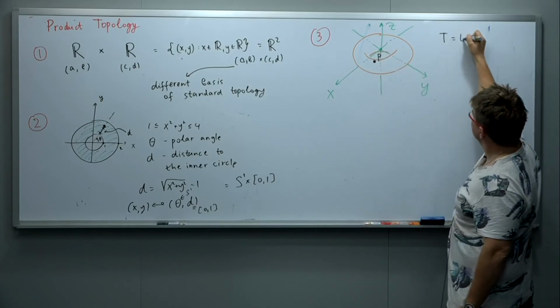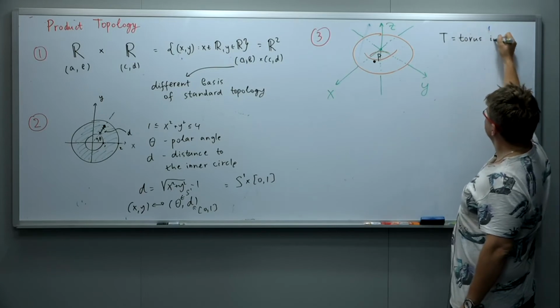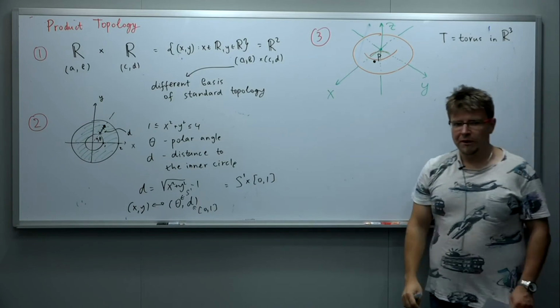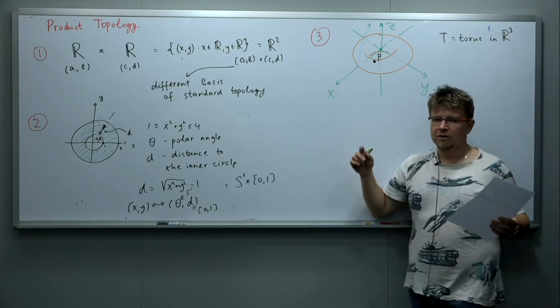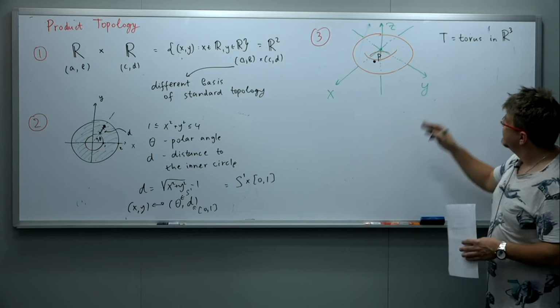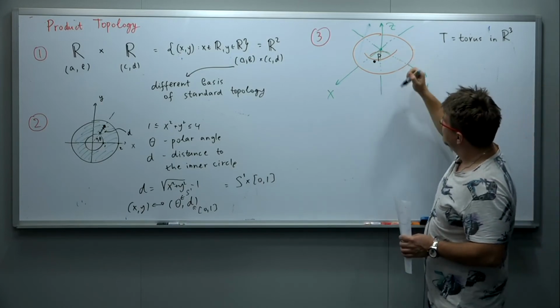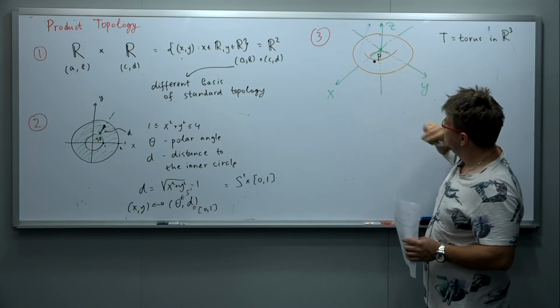So T is my torus and it sits in the 3D space. It is the torus of revolution. You probably learned how to parameterize the torus of revolution in calculus 3, but in any case, it's not important now. The important part here is: how can we specify the point P?